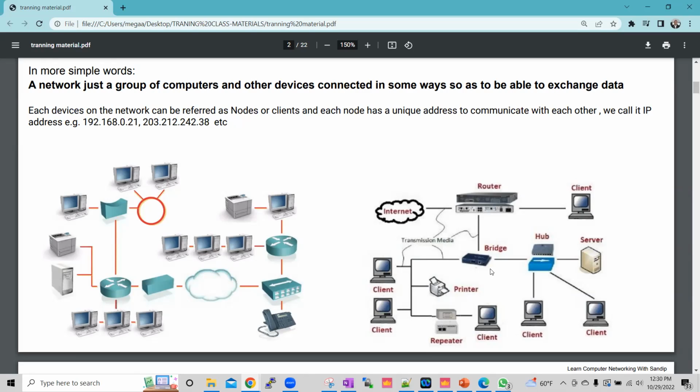But the important thing is they are on a network, a network that makes the exchanging of data take place. So if you go home, or after a while when we close this meeting, ask yourself again, what is a network?